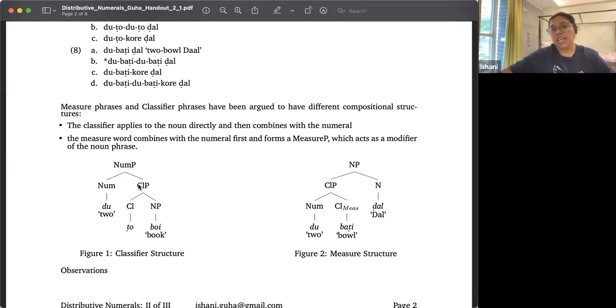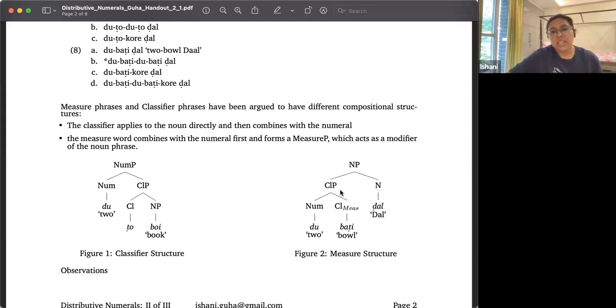Look at the measure phrase now. Here the numeral does not directly combine with the noun, or any form of it. First of all, the numeral must combine with the measure word. These are called measure words, measure classifiers.